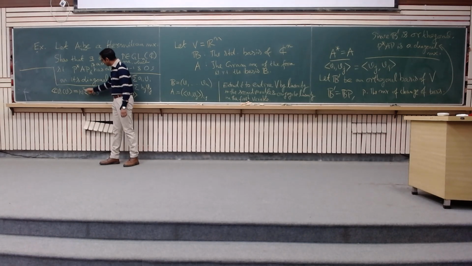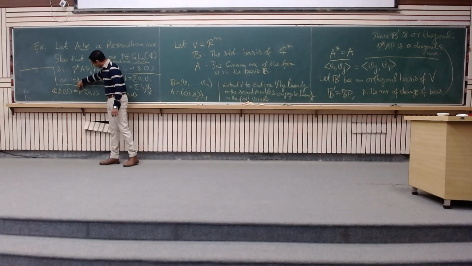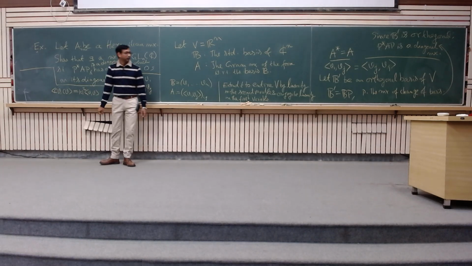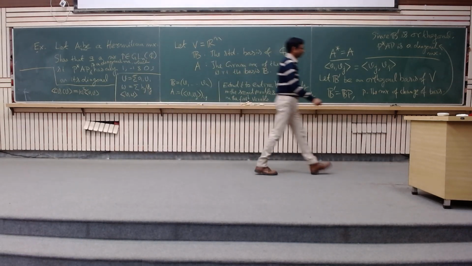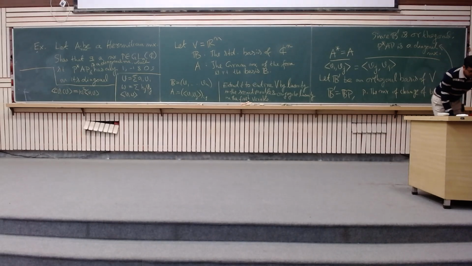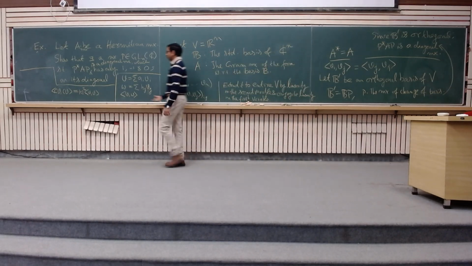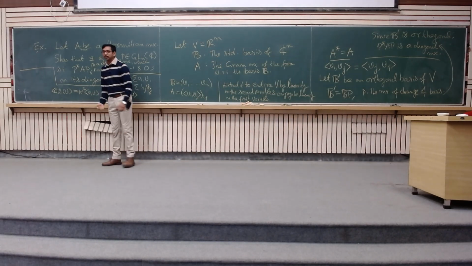In every other case, we divide by mod c squared to make the absolute value, the norm, of this 1. And you know that VV is real, right? So the only real numbers with norm 1 are plus or minus 1.